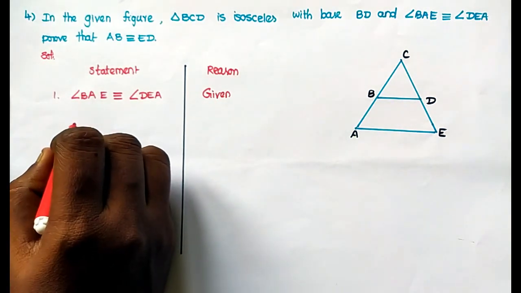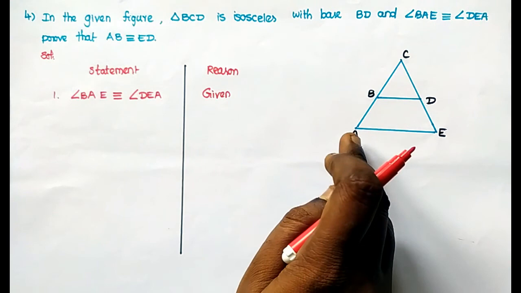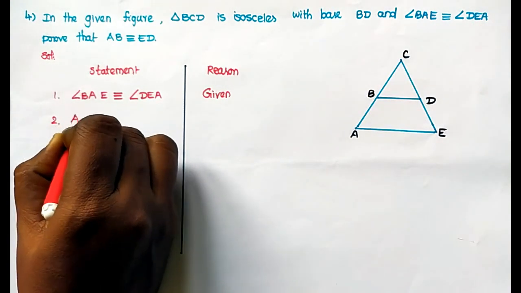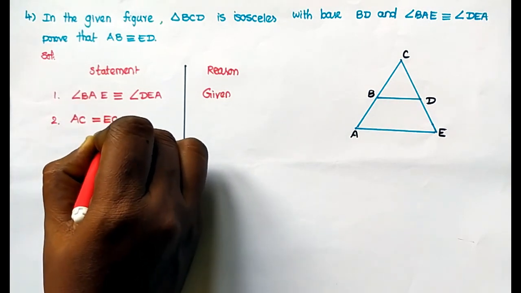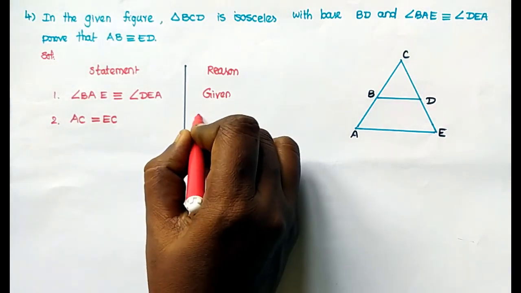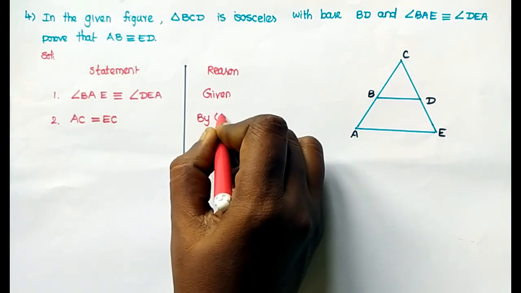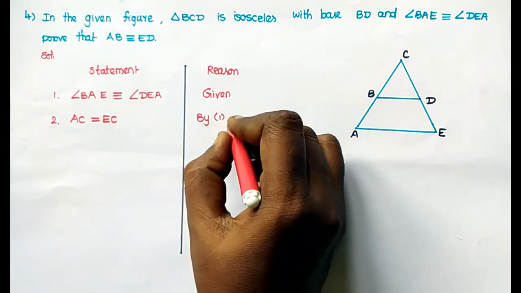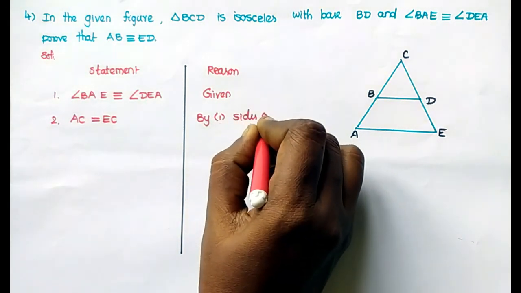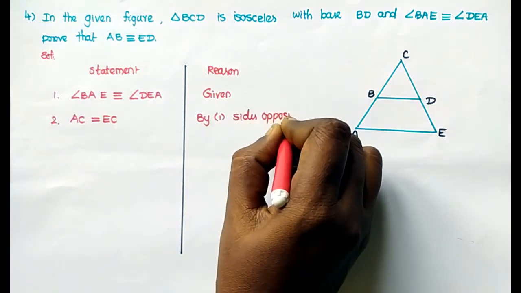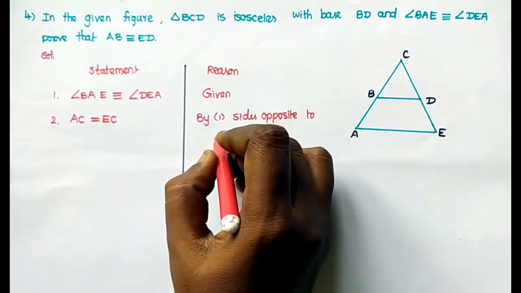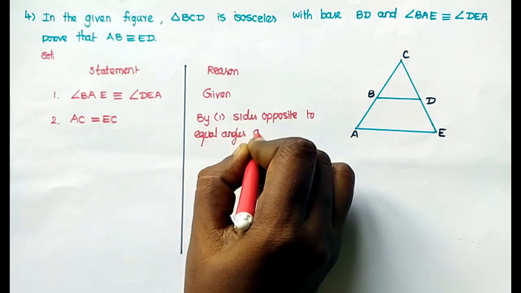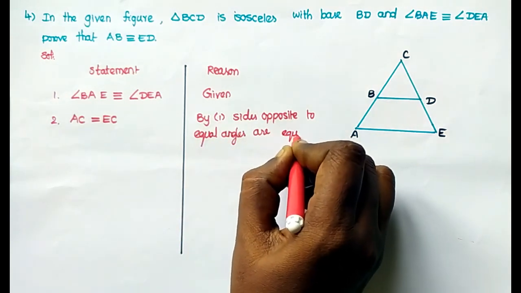From that, AC is equal to EC by statement 1, because BAE is congruent to DEA, and opposite to equal angles, the sides are equal.